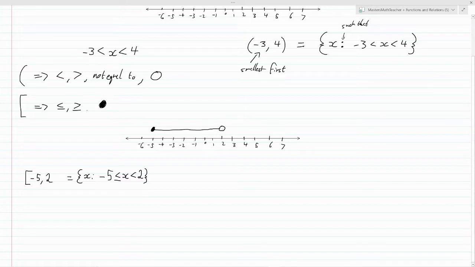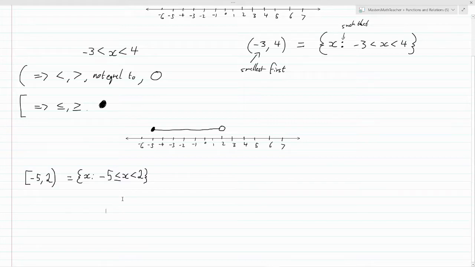We have a hollow dot at 2, which means we get really, really close to 2, all the way up to 1.999999 recurring, but we never actually reach 2. So we put a circle bracket there. Okay, so that's what that represents. We're going from -5, and we reach -5, all the way up to 2, but we don't reach 2.